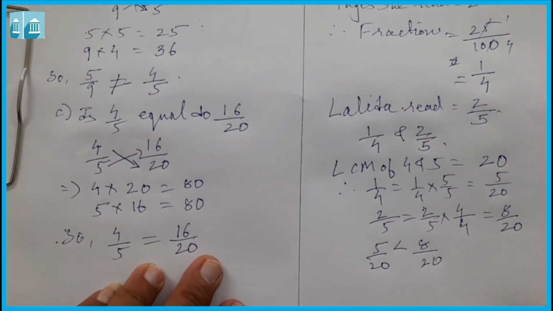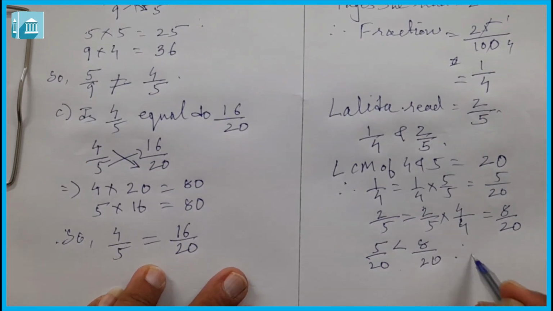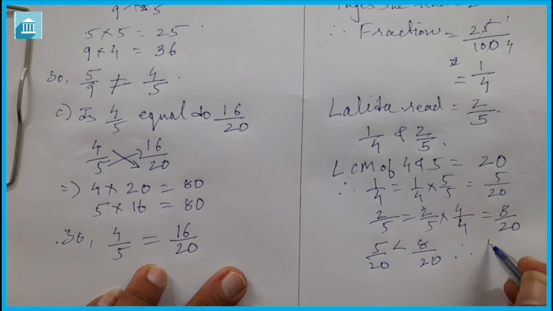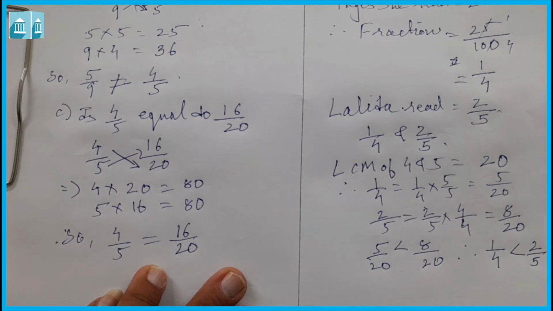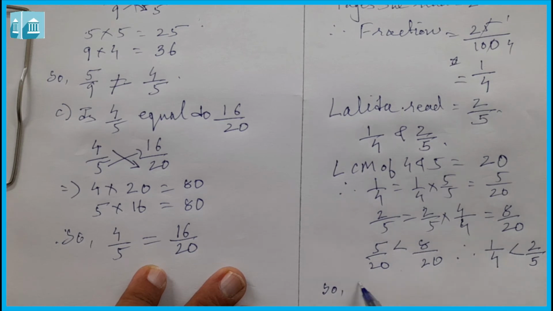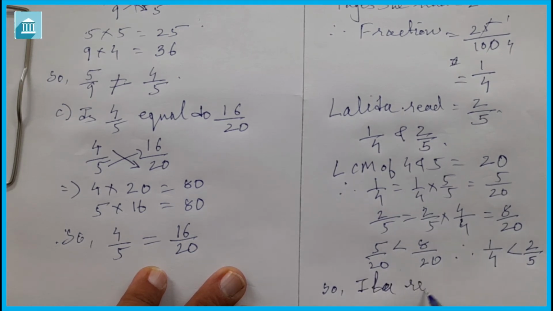Therefore 1 by 4 is less than 2 by 5. So who read less? Ela read less.